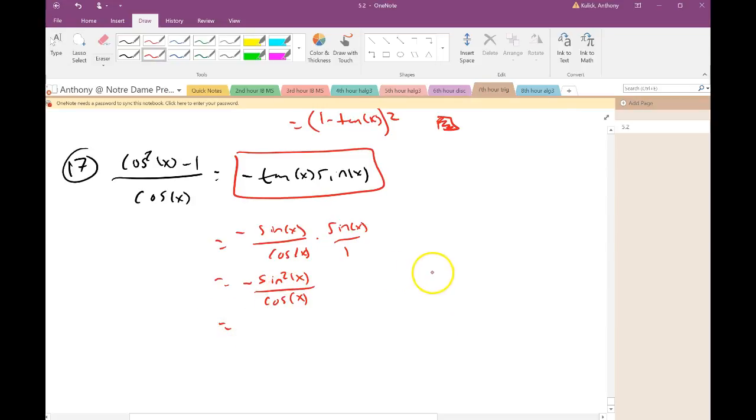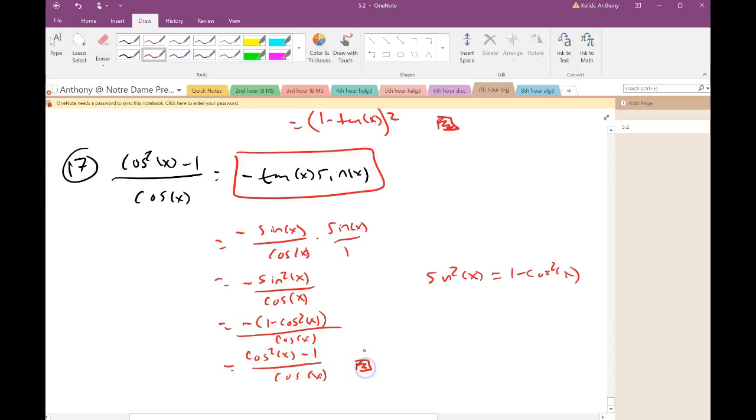And then I recognize that on my identity sheet, one of my derived identities is sine squared equals 1 minus cosine squared. And when I distribute that negative 1 through, I get cosine squared now becomes positive, 1 becomes negative, and that is exactly what the left-hand side was.